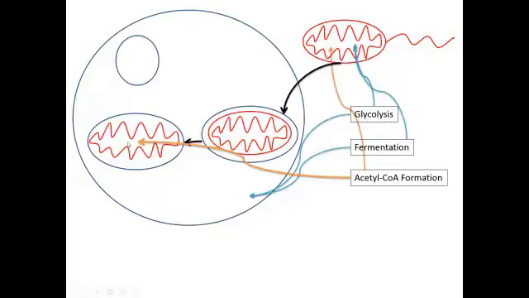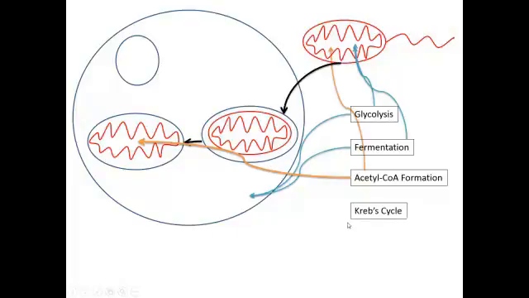You could say it was happening in the cytoplasm, but we named the structures of mitochondria and chloroplasts before we knew or had the theory of endosymbiosis. But you can see that the aerobic bacterium that was engulfed by the eukaryotic cell maintained the enzymes necessary for acetyl-CoA formation.